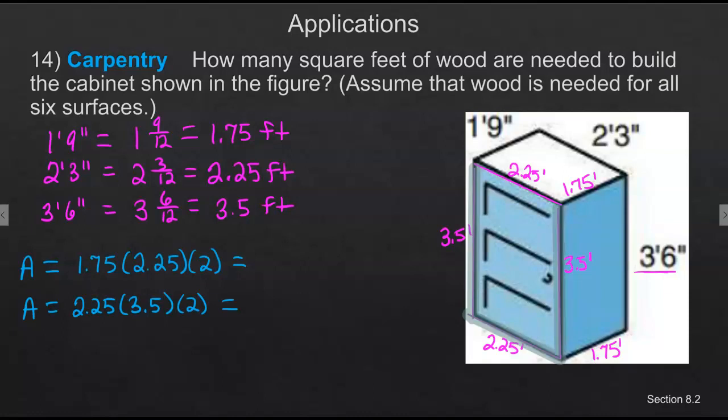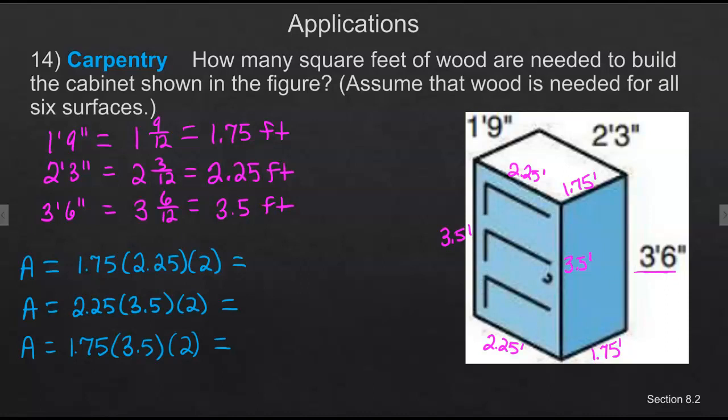And then our last ones are the sides. Each side would be 1.75 times 3.5. And you can see we didn't repeat any of these. We have each measurement in 2 places, which it should be, but not the same 2 on any of these.